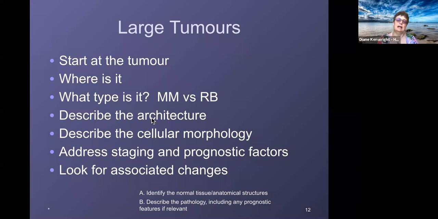The architecture describes how the cells relate to one another. I'm sitting here looking at a tiled driveway out my window, and the architecture is kind of how the cells tile together. They could stream in long fascicles, or they could form a sheet.